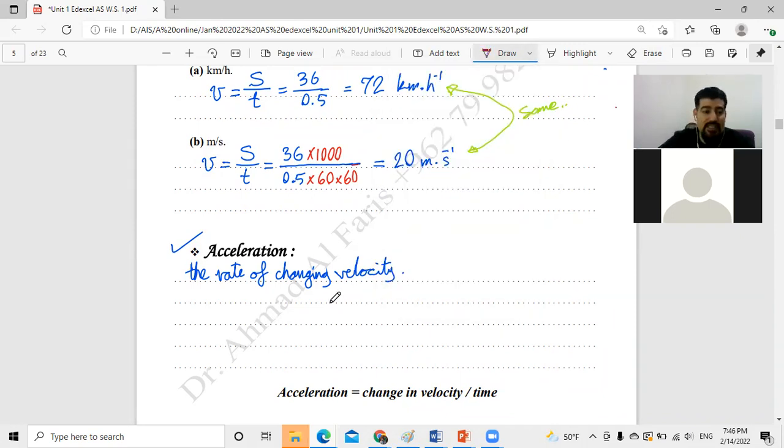Because acceleration has 3 meanings, as you know from the IGCSE. What are these 3 meanings? These 3 meanings are speeding up, slowing down, and change direction of motion.